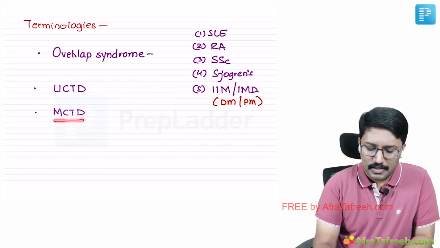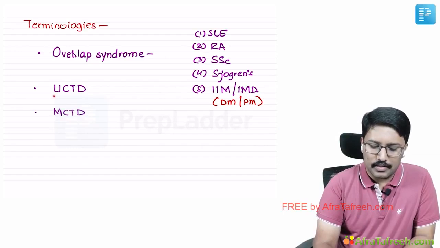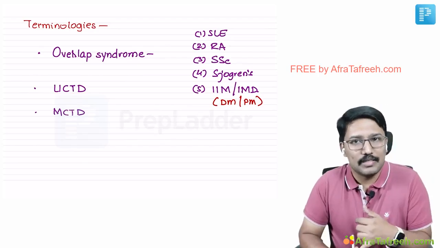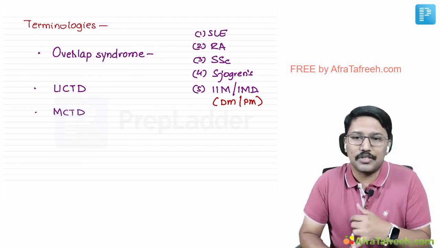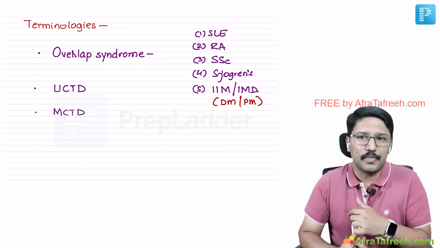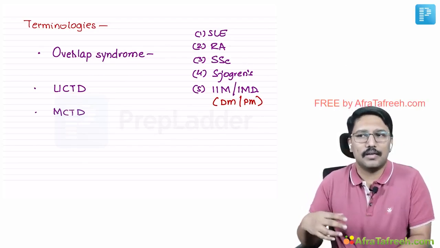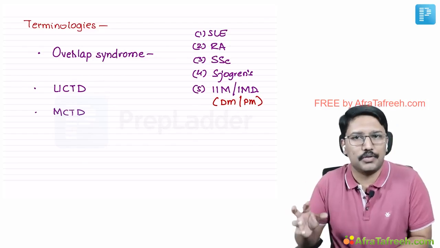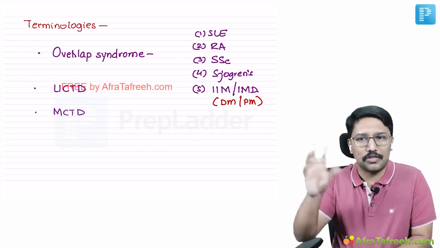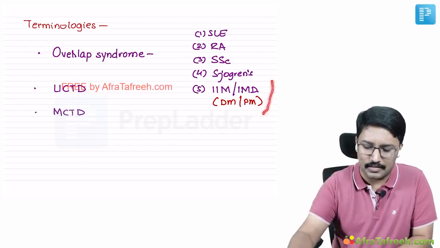Now apart from mixed connective tissue disorder, there is one more entity. The terminology is also important for us, that is UCTD. UCTD stands for unclassified or undifferentiated connective tissue disorder. Now, what is an undifferentiated connective tissue disorder? It is a patient who has some clinical features of the connective tissue disorders, but the clinical features do not peculiarly fit into the picture of any one of these 5 entities.